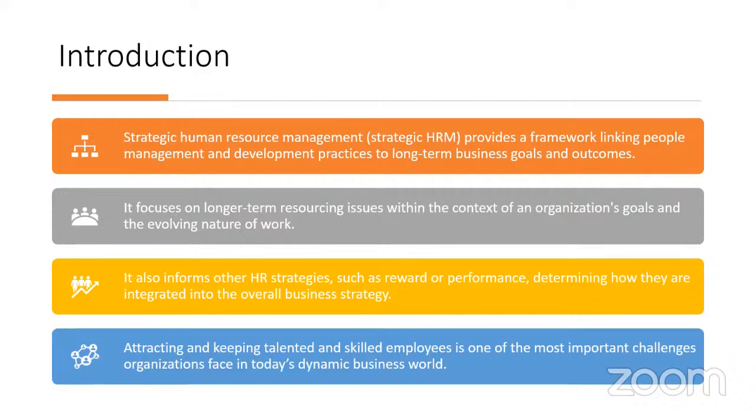So you are aligning HR strategies to business strategies. And when we talk about strategy, we are talking about a futuristic approach to achieving a goal. So strategic HRM has to do with forecasting, has to do with analyzing, defining and redefining approaches and systems and frameworks that will deliver results, business results on the longer term.